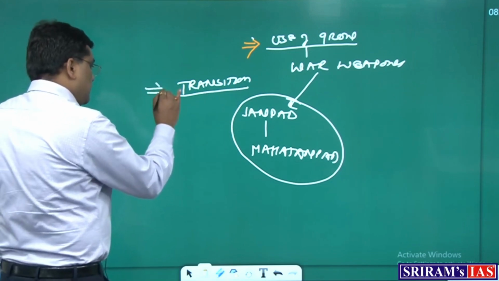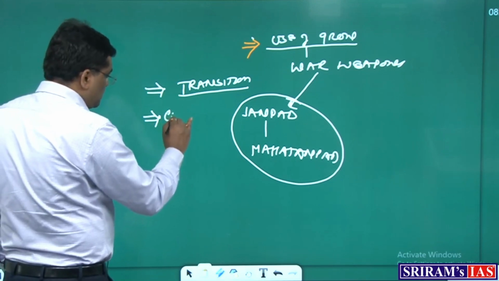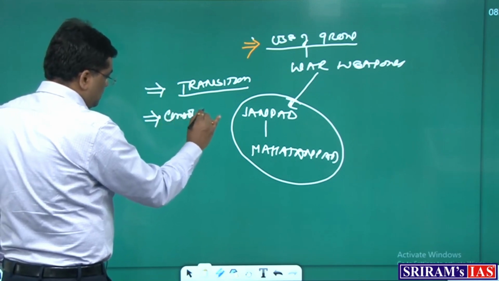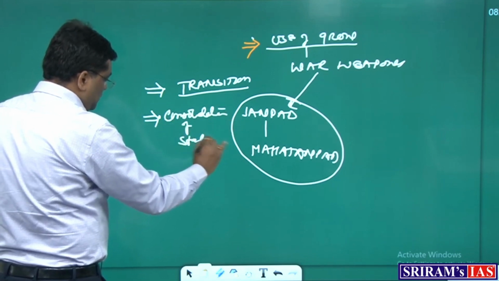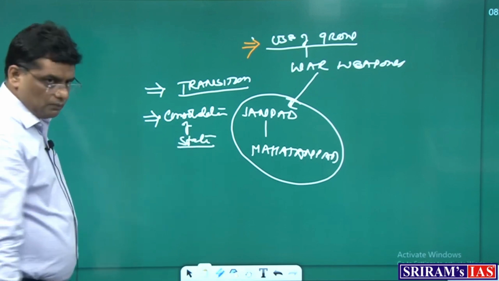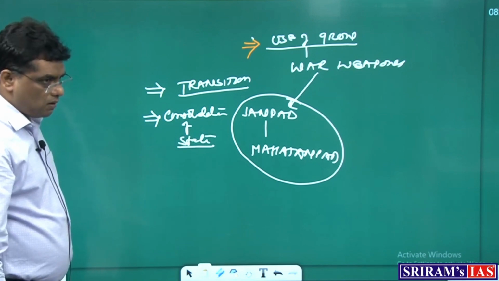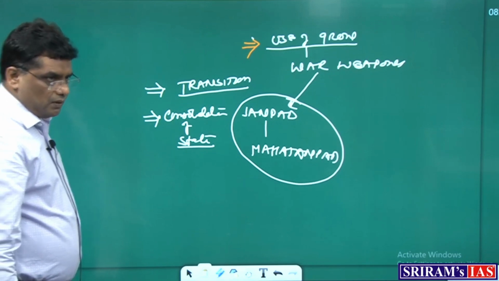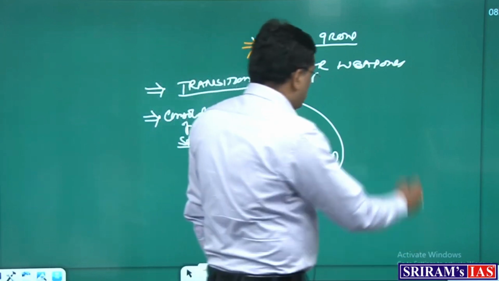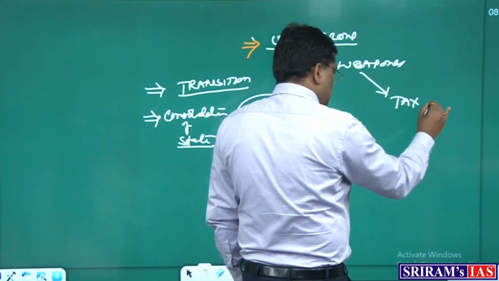Okay. Then consolidation of state. Consolidation of state is because of the war weapons. Because of the weapons, tax collection became easy.